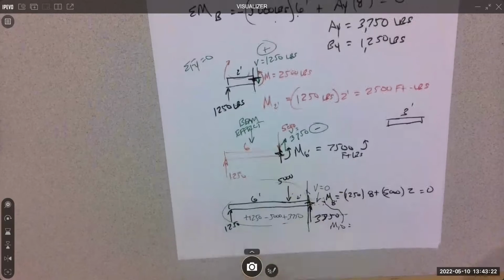Just know though that you can get the moment like this anytime you need it, because the next step is to draw these diagrams that tell us where the maximums are. But if you're ever unsure, you can always go back to make sure that I've drawn this graph right. I can take a moment anywhere and figure it out.